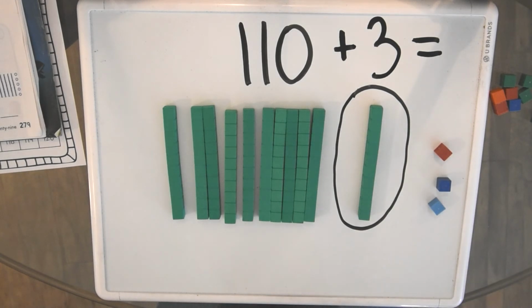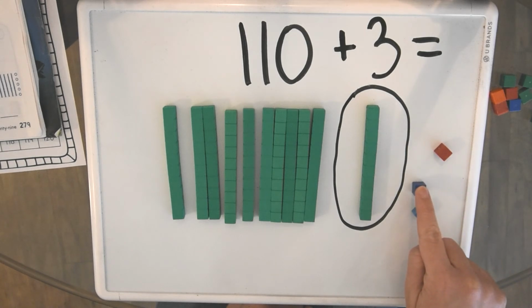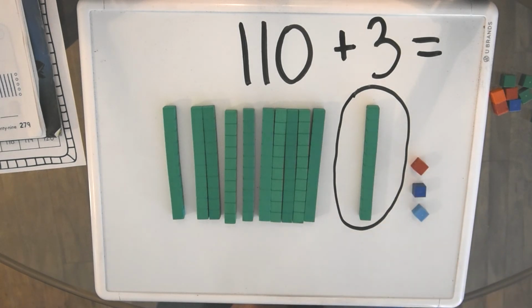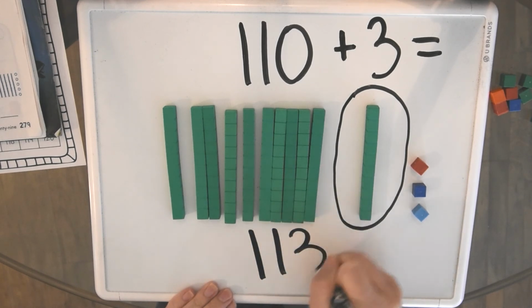Okay, so we have 110 plus 3. To figure out the number, we can count, right? So we're going to have 110, and I'm going to count by 1s. 111, 112, 113. So our answer is 113.